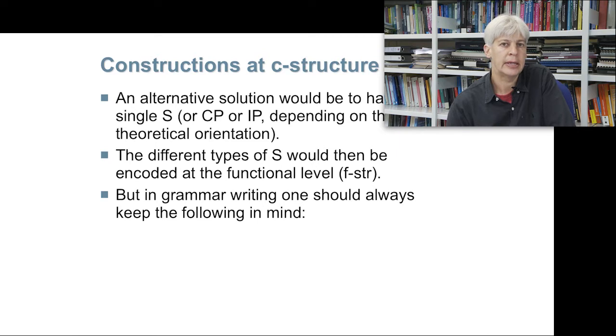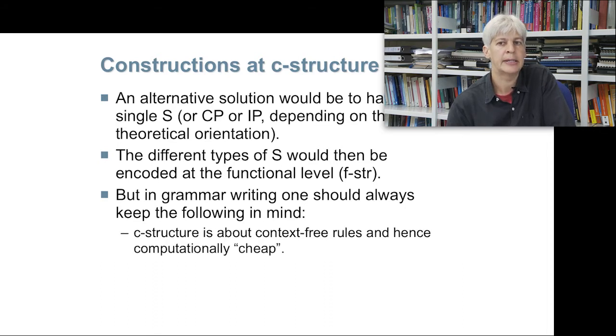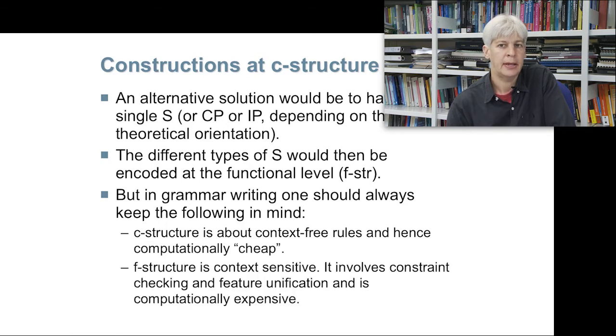It is also less efficient than the solution we have here, because as you're doing grammar engineering, what you should keep in mind is that C structure is implemented via a context-free backbone. So you're writing context-free rules, using a context-free backbone. It's very, very cheap computationally. It's very well understood. The F structure, in contrast, is context sensitive.